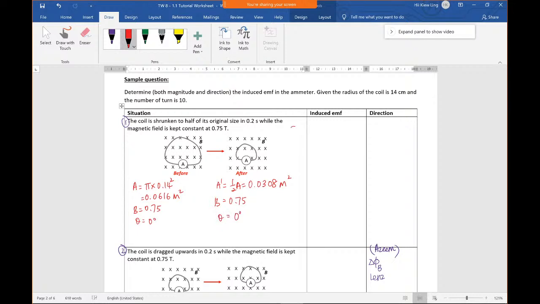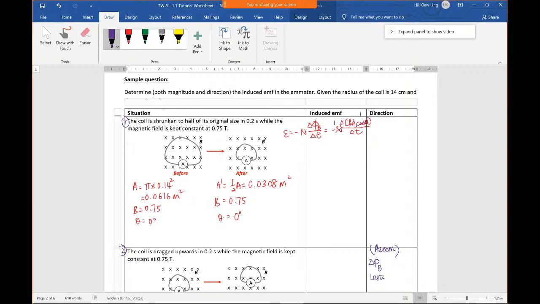So in order to find your induced EMF from Faraday's equation, expand BA cos theta over delta T. Cos theta equals 1.